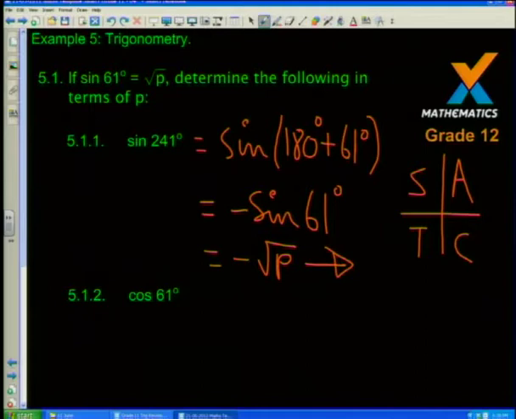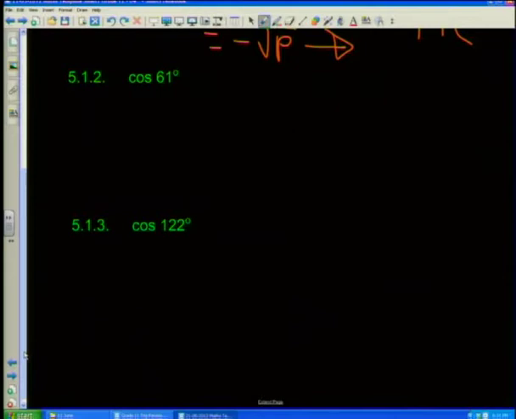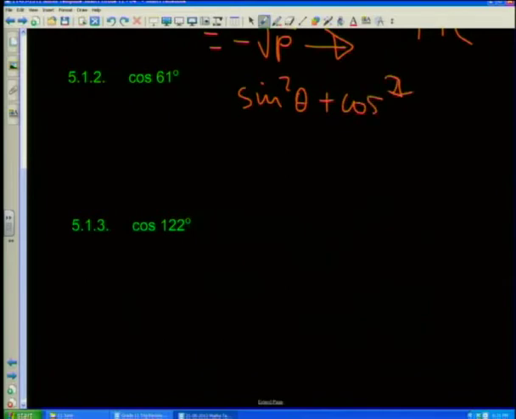The second question says cos 61. And here we have to remember the square relation. It says sine squared of an angle plus cos squared of an angle equals 1. You can rearrange that. In this case, we want cosine of an angle, knowing sine of an angle.